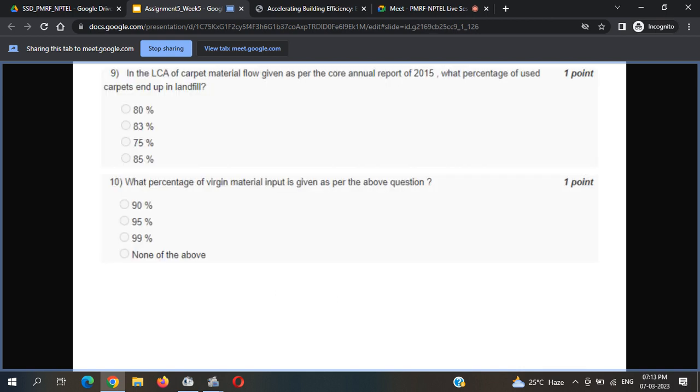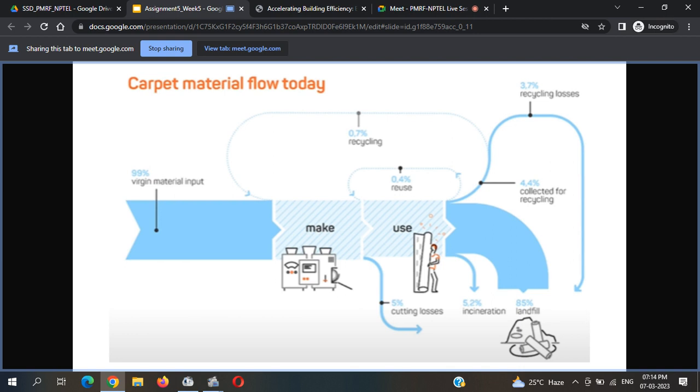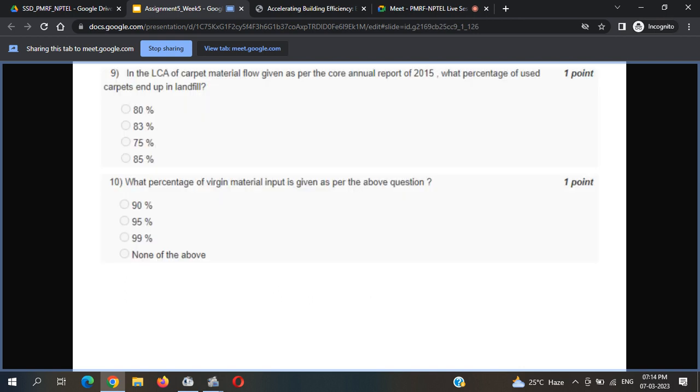It is taken from an annual report of carpet material flow, and it talks about how much material ends up in a landfill, how much is used, how much goes through recycling processes, and how much ends up in landfill through cutting losses or incineration, or at the end of its life cycle.